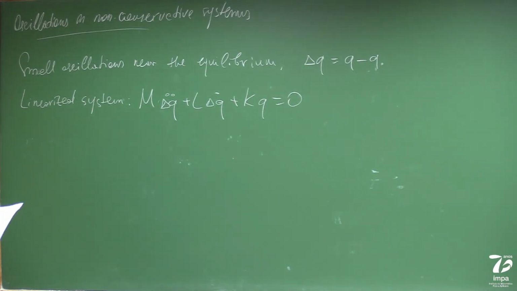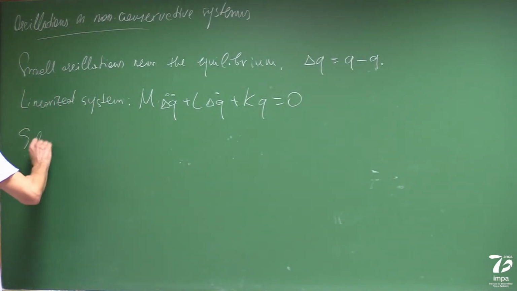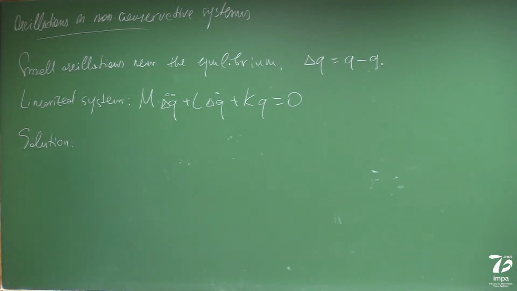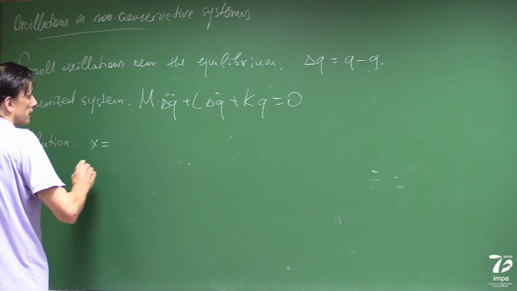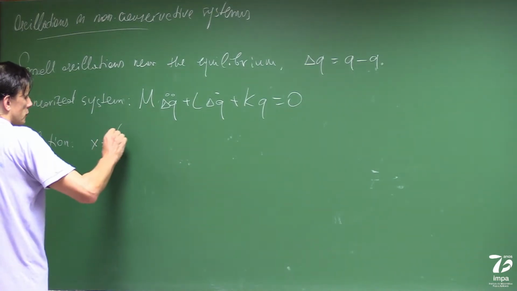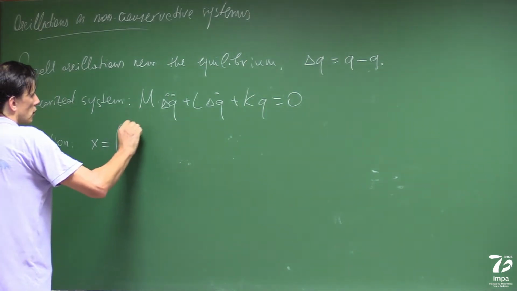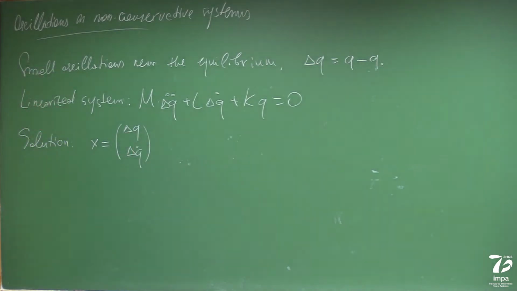And what we found is we know how to solve it. So we can write a solution. How we do it, we first of all define the larger vector x, which is a vector in a phase space, so it's coordinates and velocities.